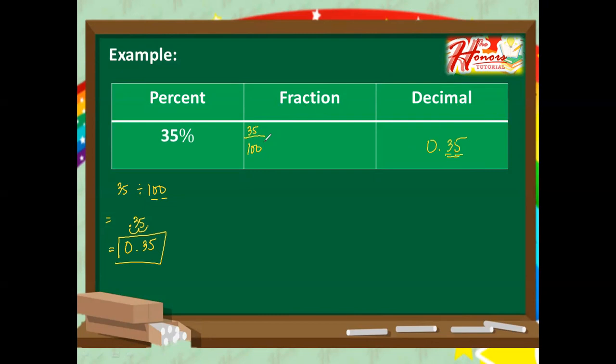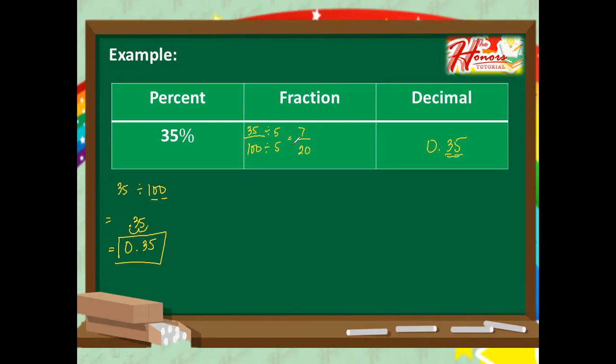It is not, right? Why? Because there's still a number that can divide 35 and 100 at the same time without remainder. And what is that number? That's 5. We can use 5 here. 35 divided by 5, that's 7. 100 divided by 5, that's 20.